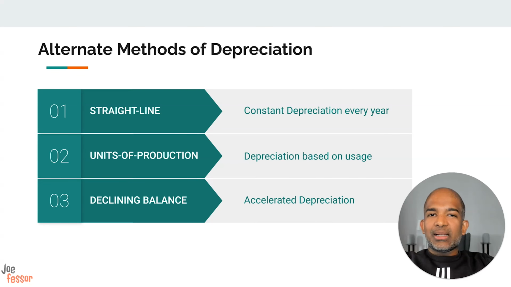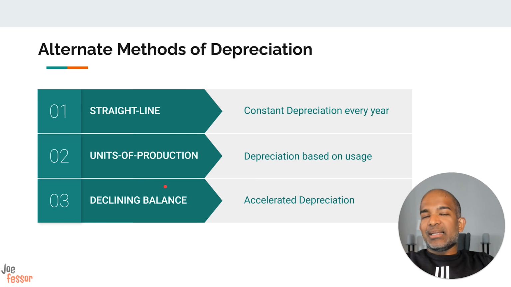What we've seen so far is an example of a method called straight line depreciation, where we have a constant depreciation every year. Other methods of depreciation that can be used are the units of production method. In this method, you would depreciate an asset based on how much it has been used. Another method of depreciation that's available is the declining balance method.